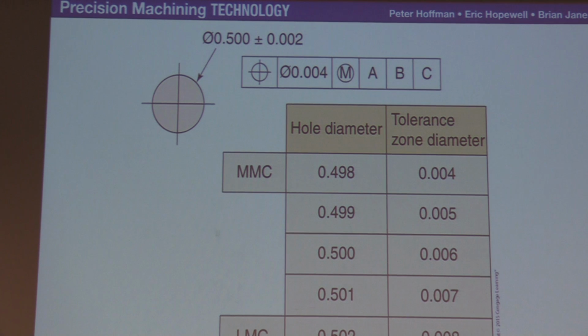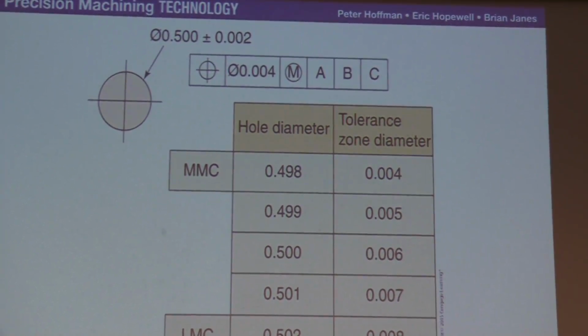So what this is going to show us, let's refer to this picture and this print. Our position, we're at a 1/2 inch plus or minus 2 thousandths. So we can be out of round, we could be somewhat ovaled. However, the position needs to be within the diameter 0.04.